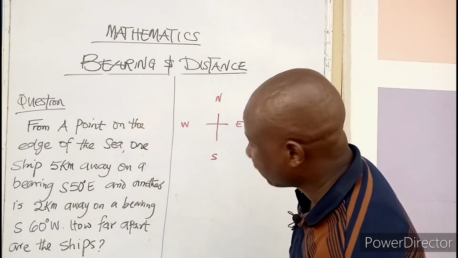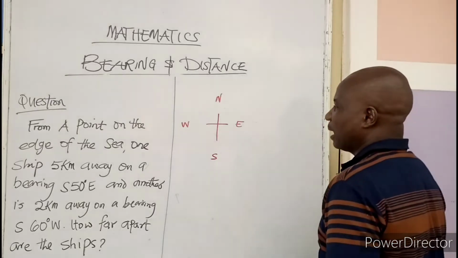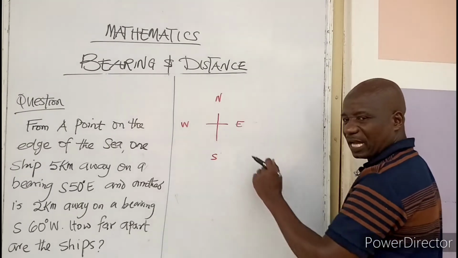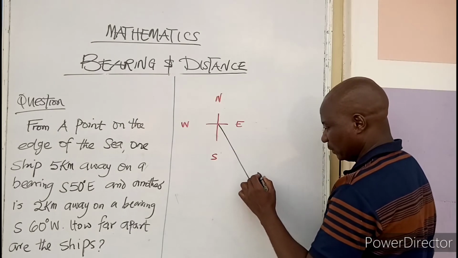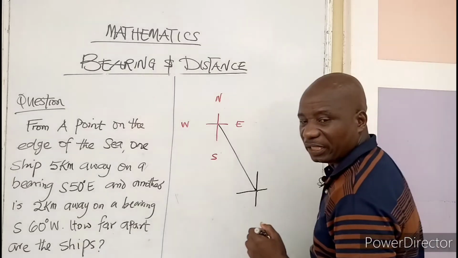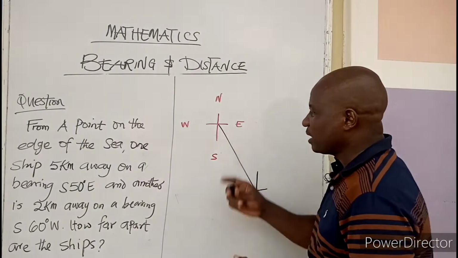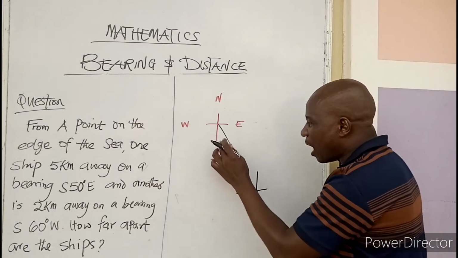And what did they say? They said 50 degree southeast. Class, where is my southeast? This is my southeast. They said 50 degree. Anywhere you reach, you have to draw your cardinal. Now the point is, are we going to put our 50? They said 50 degree southeast.